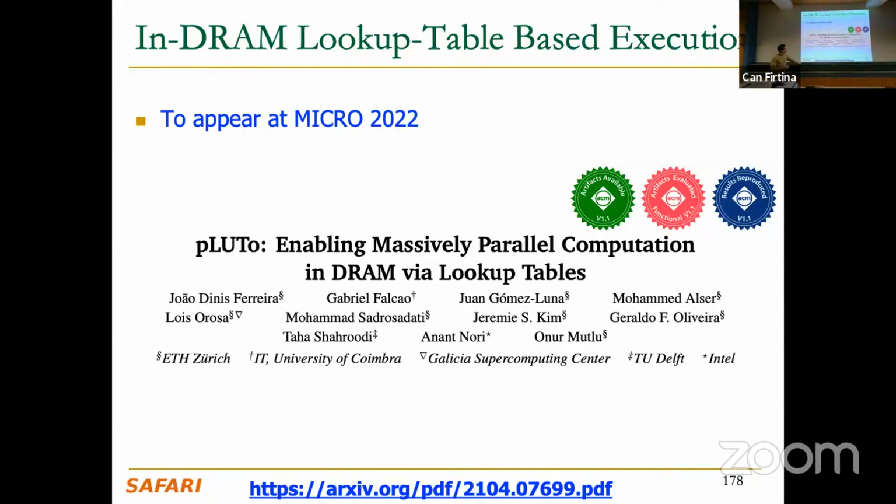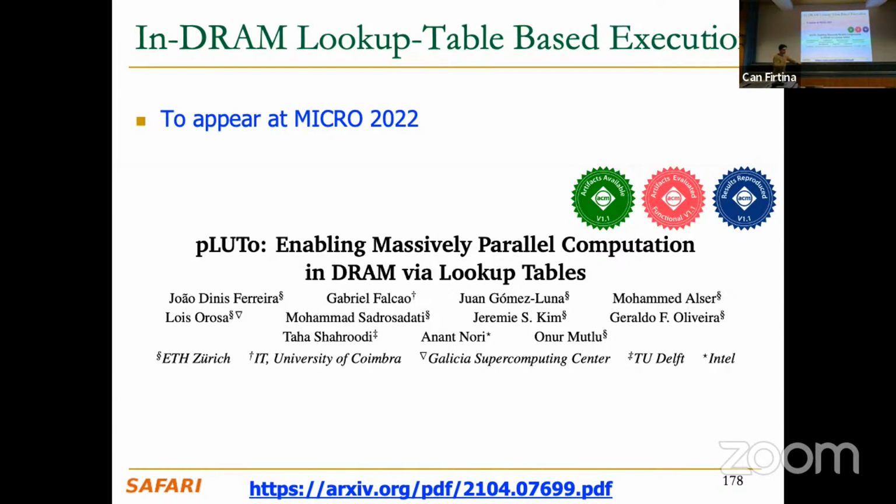So as you see, I also talked about lookup tables when I presented the AiM architecture from SK Hynix. We were working on this even before that. And so I think that the publication from SK Hynix, the later prototype from SK Hynix, shows that we were in the right direction when working on this.